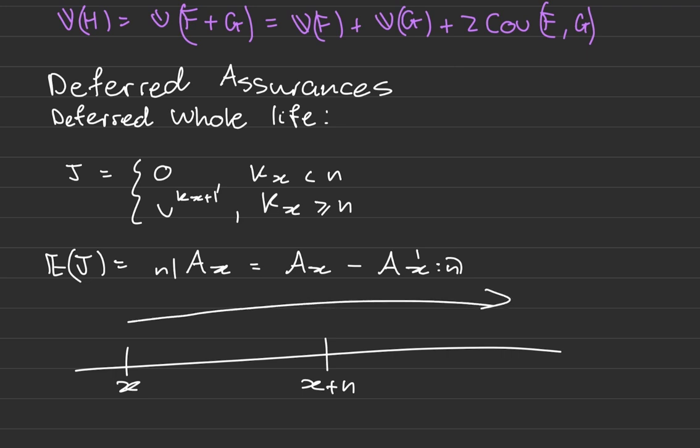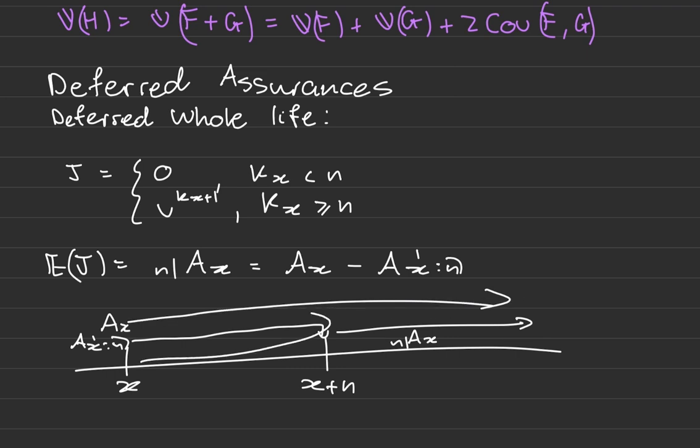This line here represents A_x, and then this line here represents A_{x:n}^1, the term assurance, and then this line will represent A_x deferred by n. So when I take a whole life and I take away the chance of them dying within n years, I don't take away the chance of them dying, but I take away the payment on a death within n years, I'm left with a deferred whole life assurance contract. So just the tail end of this whole life contract once I've subtracted that term assurance. Okay.